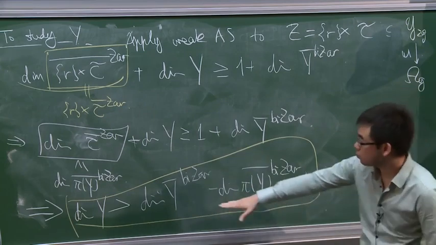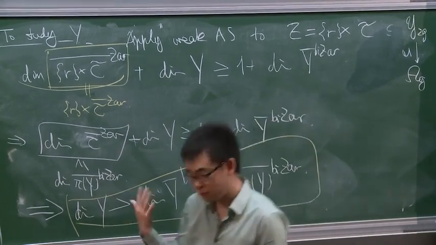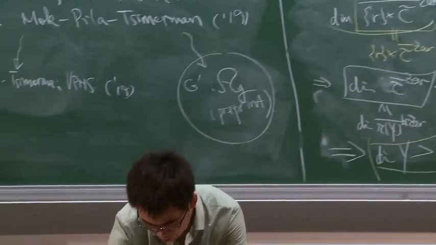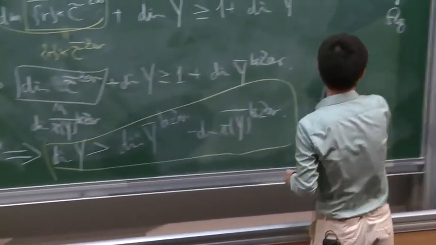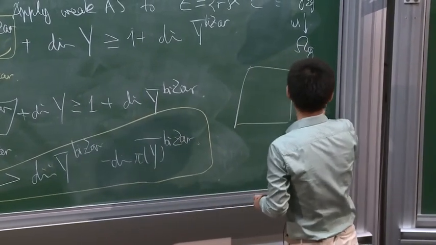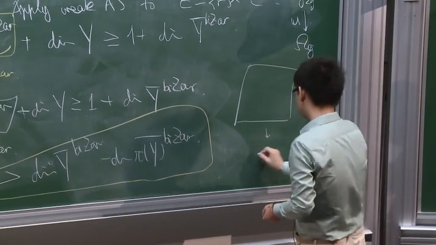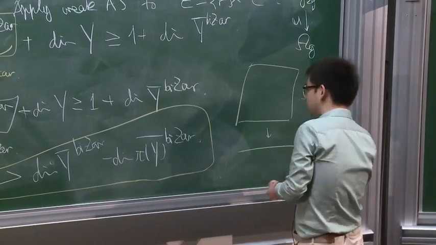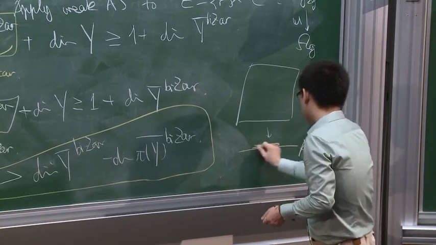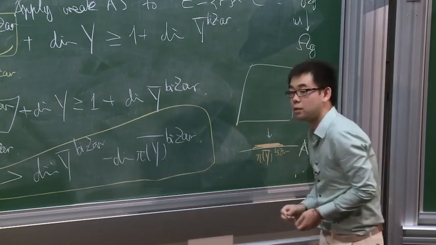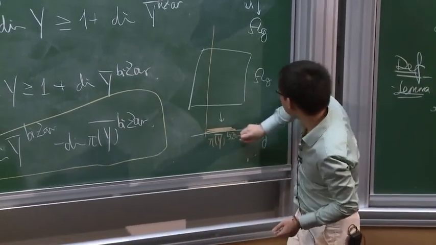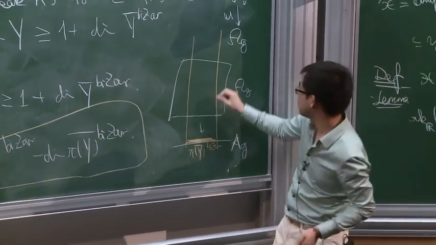I can also tell you what this difference is. This difference has an even better geometric interpretation. Say here we have our universal abelian variety over the modular space, and this is our pi y bizarre. The y bizarre is something over that, and it is part of it.